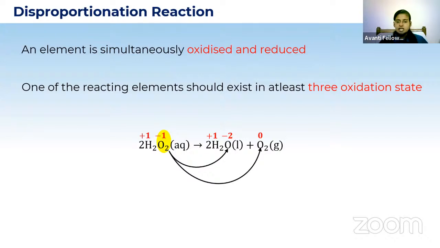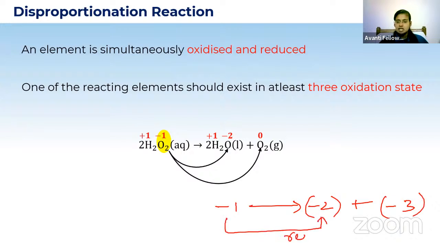The very important thing that you have to note down is that oxygen cannot move from -1 to -2 and -1 to -3. This is not possible. Because in both cases, -1 to -2 is also called reduction, and -1 to -3 is also called reduction.